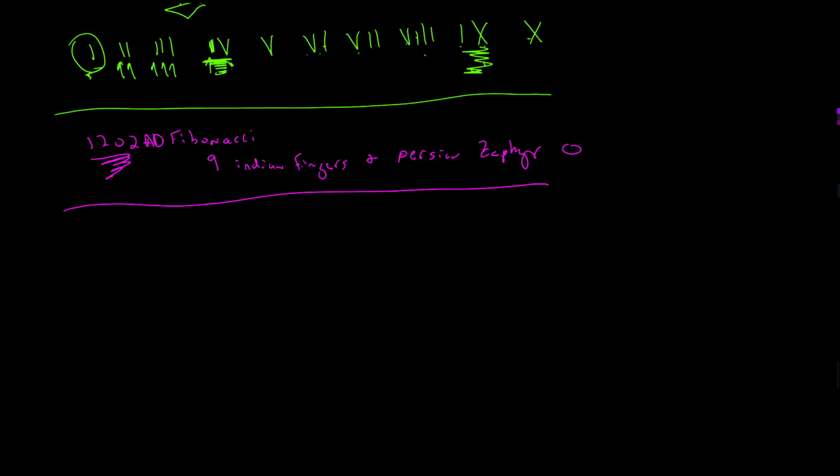In our number system, we have a base that can have the digits 0 through 9. And the digits 0 through 9 can represent any value up to 10.